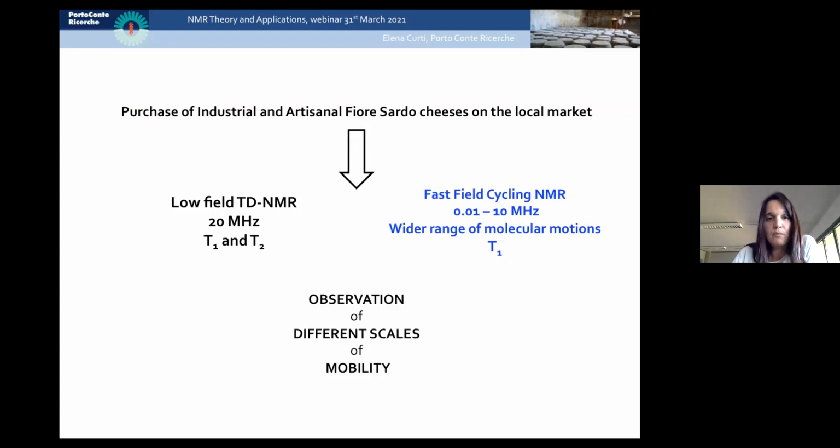And we performed both low resolution NMR at 20 megahertz, and we also used fast field cycling NMR spectrometers, so that we could observe a much larger window of molecular mobility in these samples.